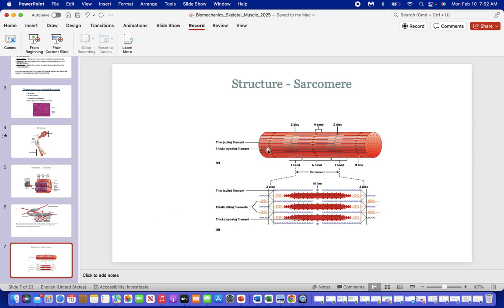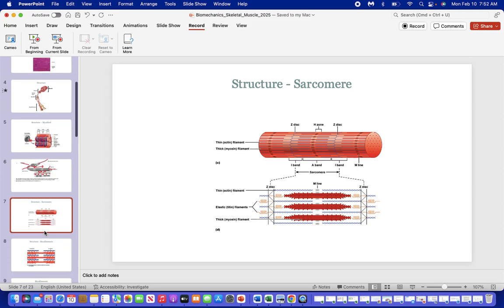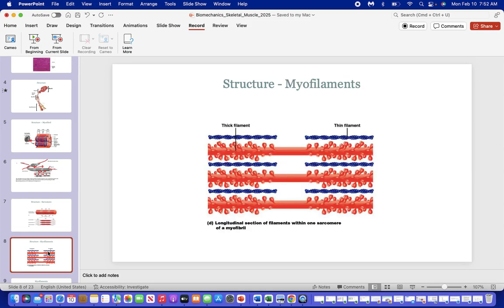Here is a better picture. All right, so here's the whole sarcomere. The thin is the actin, the thick is the myosin. All right. I'm just going to pop down to this one quick too. Thick myosin, thin actin.